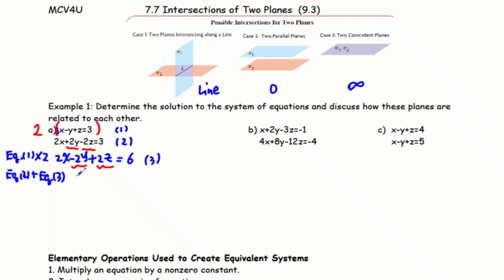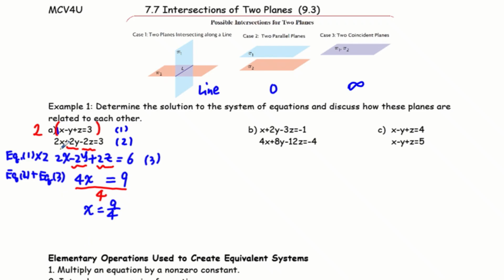Then 2x plus 2x is 4x, 0y, 0z, equals 3 plus 6 is 9. Then we solve for x, we move the 4 to the other side, and we have x equals 9 over 4. So this is the equation for the value of x.